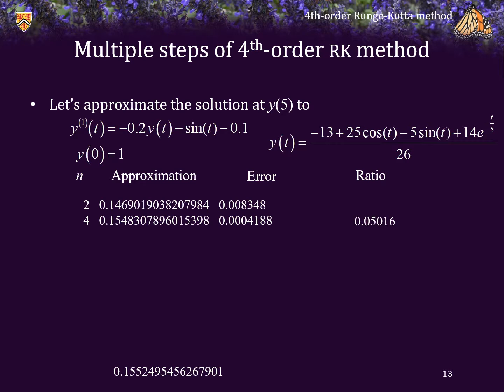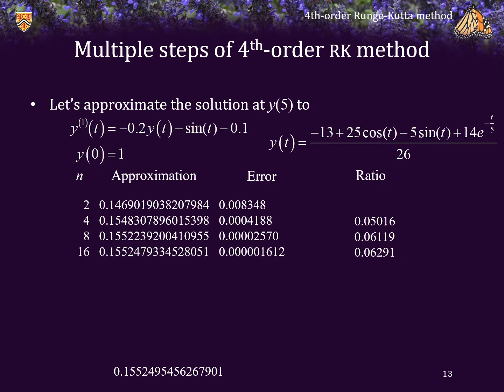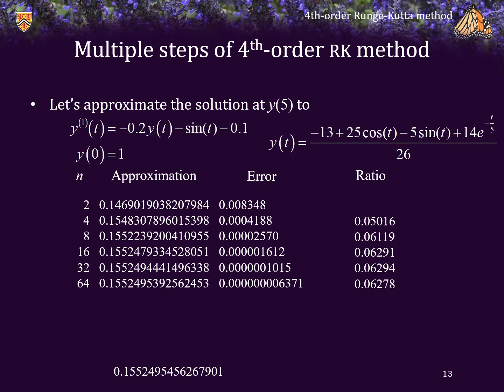The ratio is approximately 1 over 20. Double the number of intervals again, and again, the error drops by approximately 1 over 16. As we double the number of steps, each time the error significantly drops, always by a factor of approximately 1 over 2 raised to the power 4.